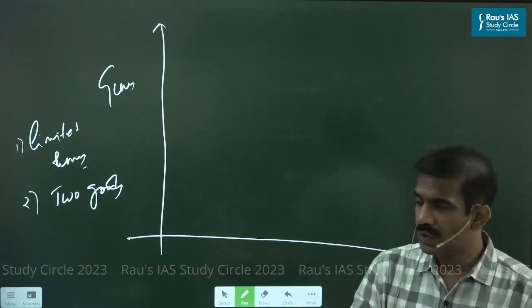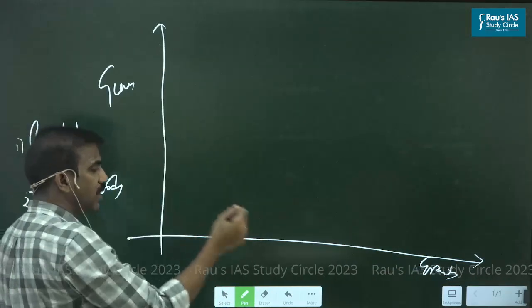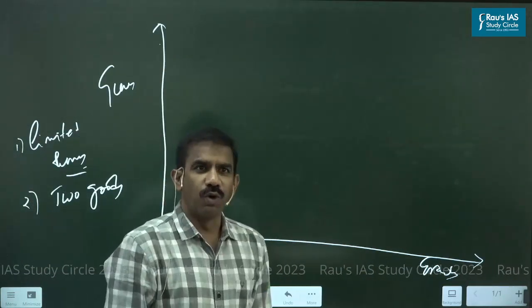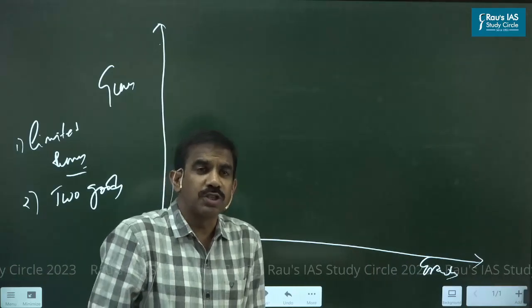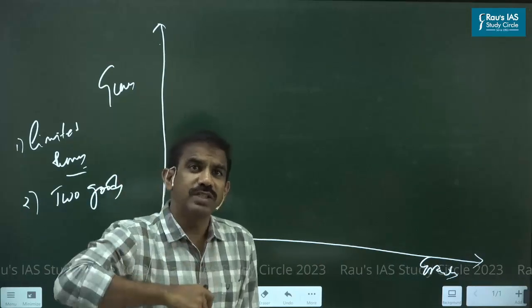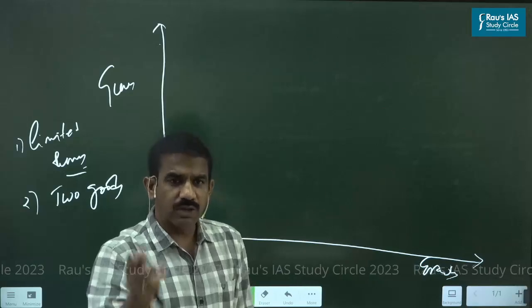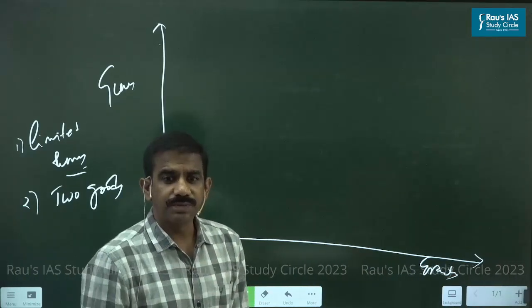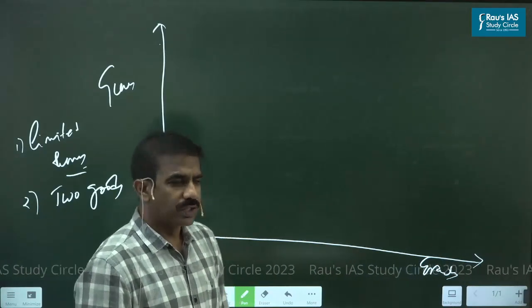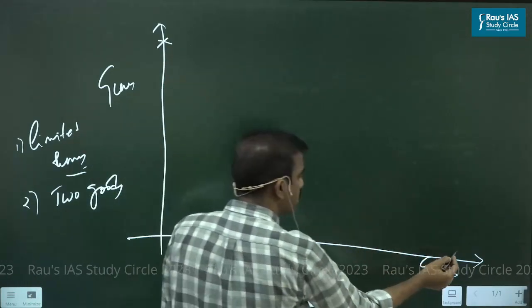Now since the resources are limited, can I produce an infinite quantity of guns and infinite amount of grains? No. Because the resources are limited, there is always a maximum amount of guns and a maximum amount of grains I could produce. So let's say this is the maximum guns and this is the maximum grains.